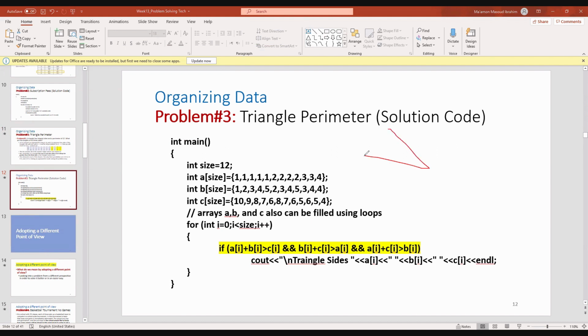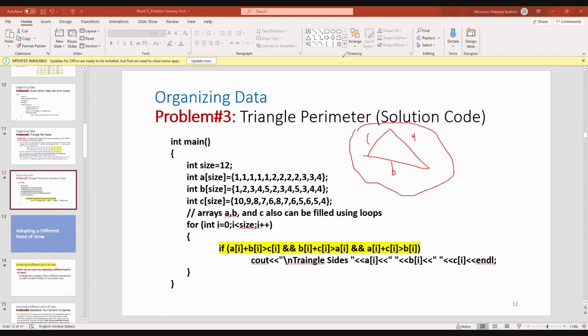So this is the triangle here. C plus B should be greater than A, and A plus C should be greater than B, and A plus B should be greater than C. In that case, we call this a triangle.